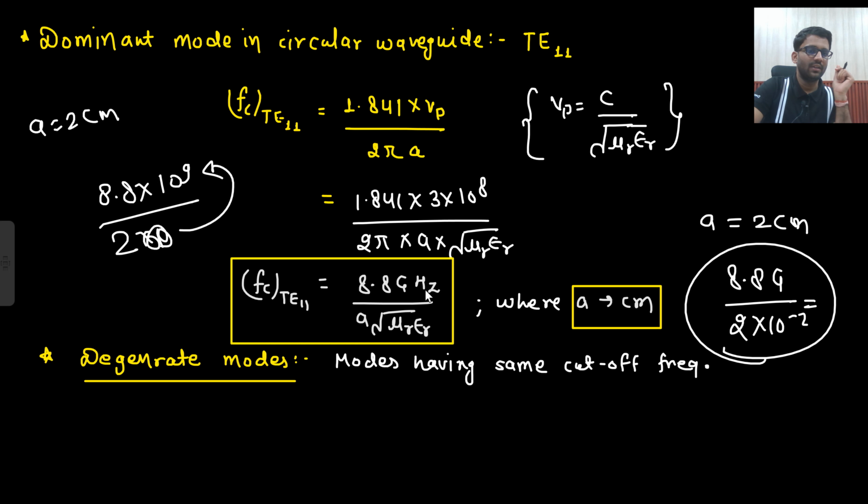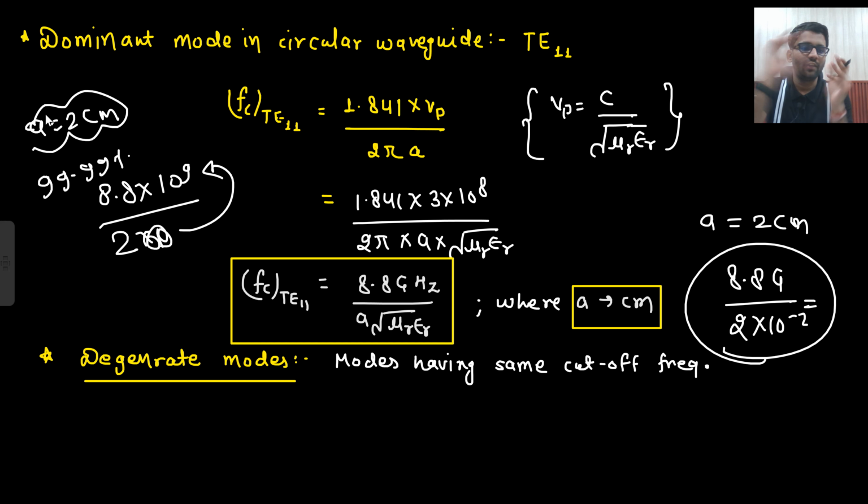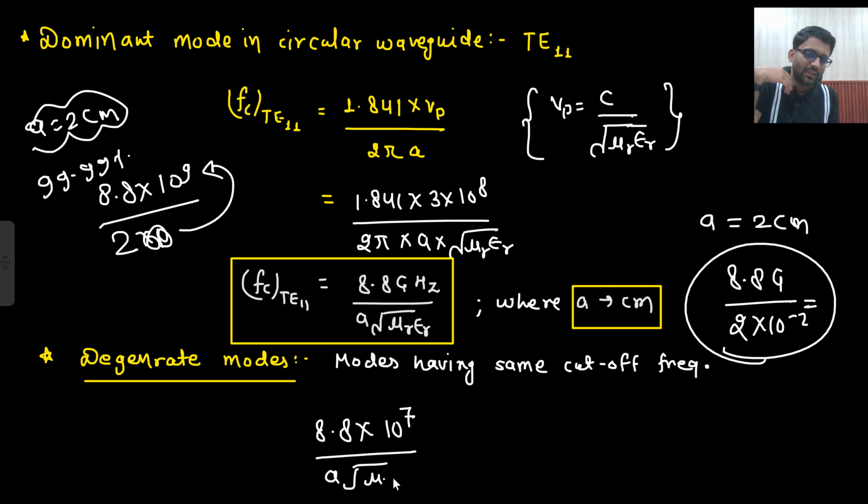Are you getting this point? 99.99% chances are that the radius will be in centimeter only, never in meter. So if I already know that, why should I waste my time writing 8.8 into 10 to the power 7 over a under root mu r epsilon r?